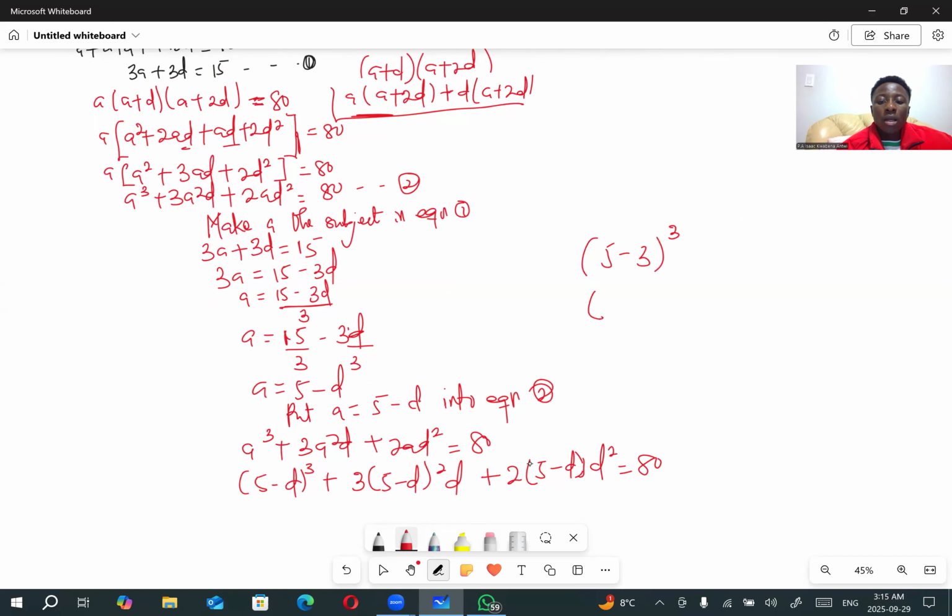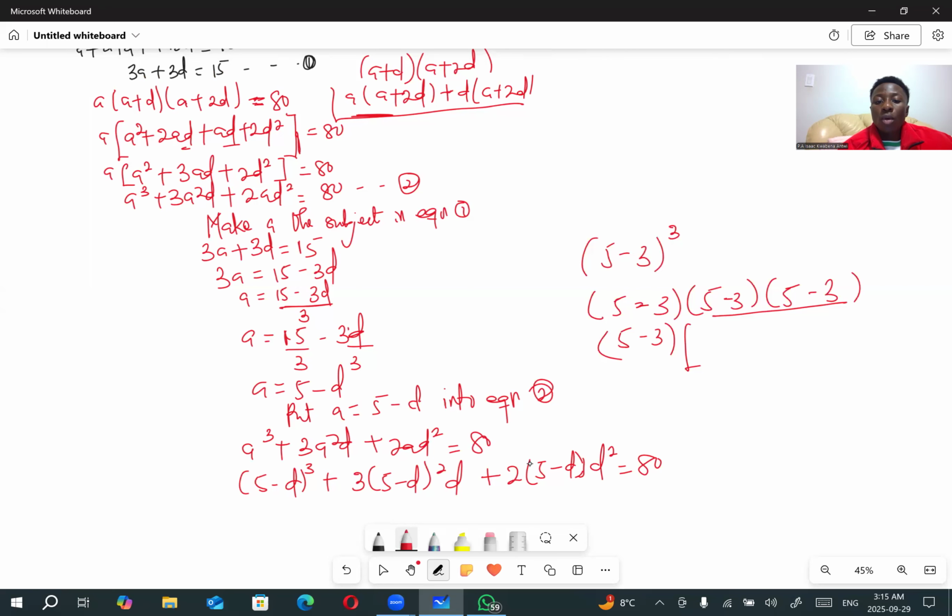In algebra, what this means is 5 minus D, times 5 minus D, times 5 minus D. That's why you say cube. Now, one 5 minus D can be left to stand.